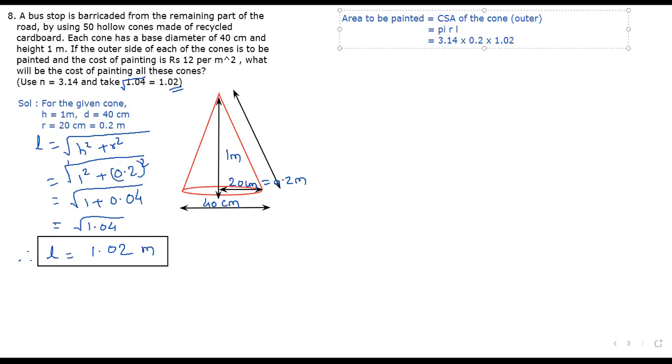Wait, now this is the area to be painted. How many such cones are to be painted? 50 such cones. Yes or no? 50 such cones are to be painted.